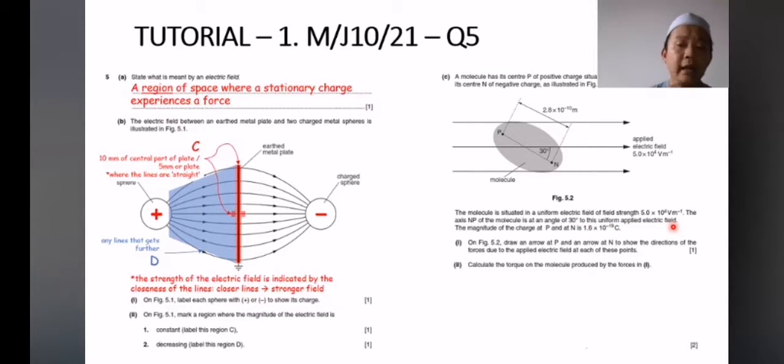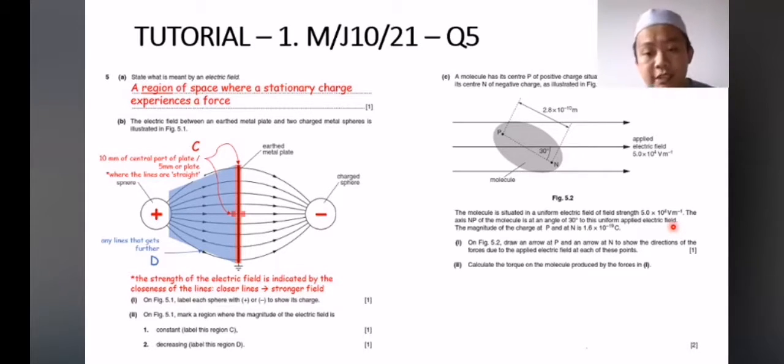Somehow, probably why is it distorted? Maybe because it is actually parallel or perpendicular or whatnot, but because of the applied electric field, the molecules actually move. Is it possible for them to move? Yes, it is, because when you apply something, there is motion. Probably what we have here is a snapshot of when the molecules are stationary.